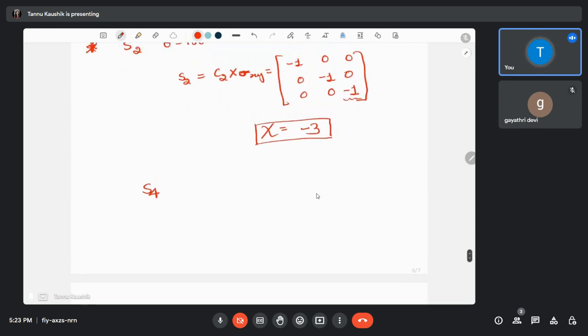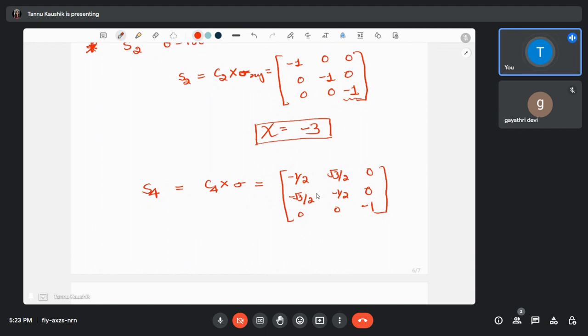As for the improper axis, the fourfold improper axis of rotation, minus 1 by 2, 0, 0, minus 1.